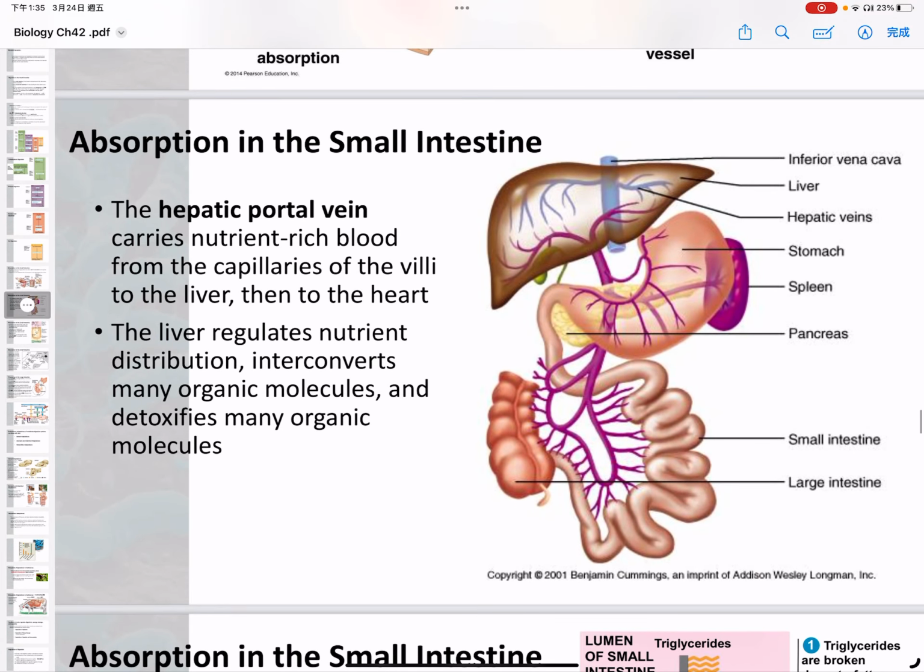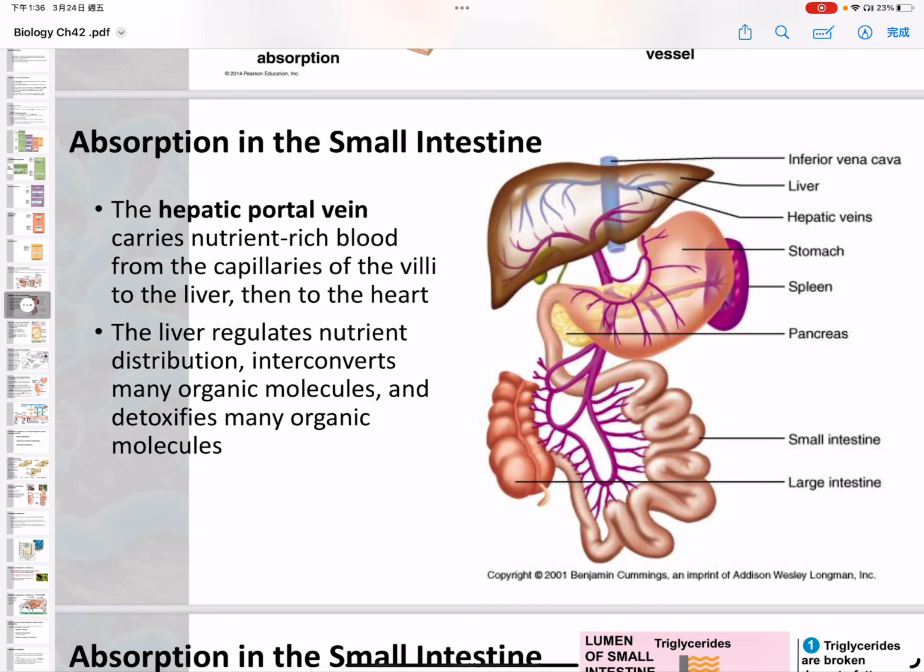In the next slide, I'm going to talk about an important vein, which is called the hepatic portal vein. The vein carries nutrient-rich blood from the capillaries of the villi to the liver. It collects all the blood, and it leads directly into the liver.